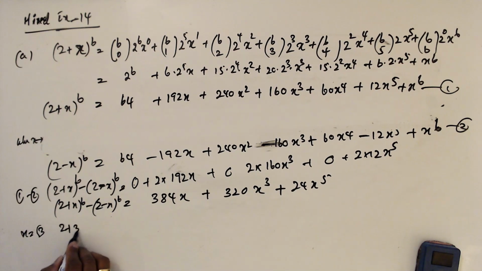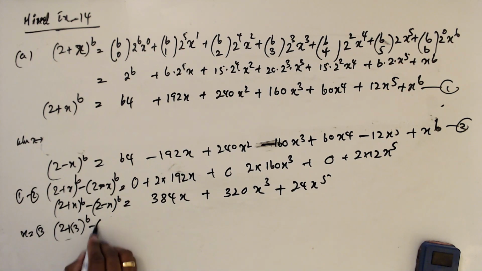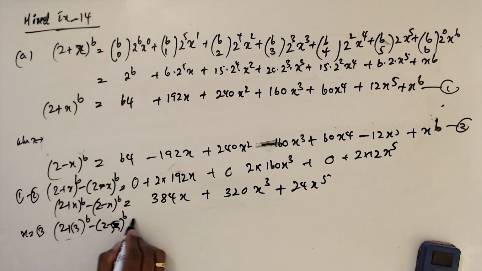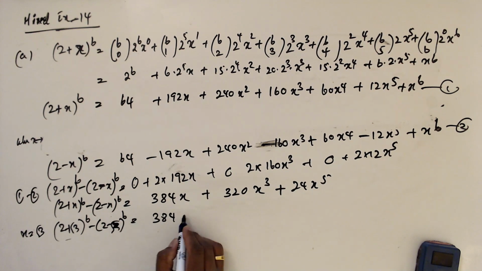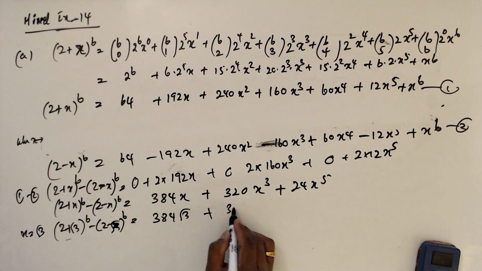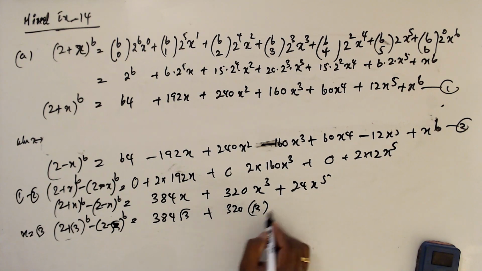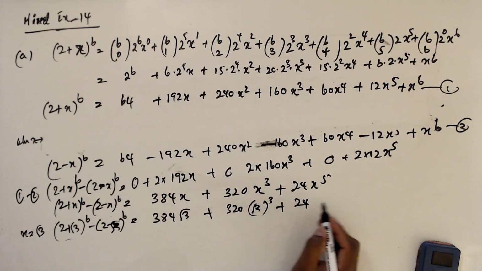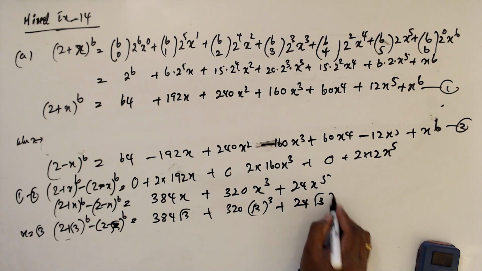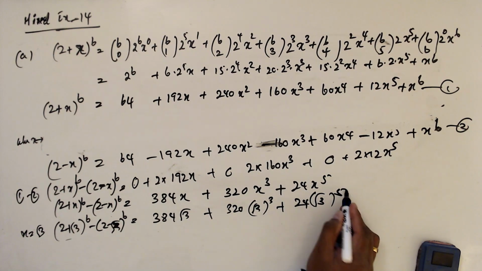Then (2 + square root 3)^6 minus (2 - square root 3)^6 equals 384 square root 3, 320 times square root 3 cubed, and 24 times square root 3 to the power 5.